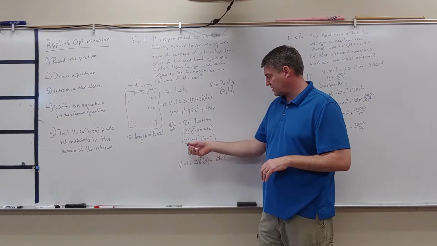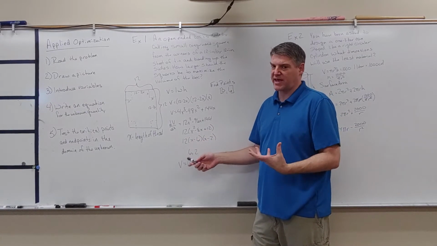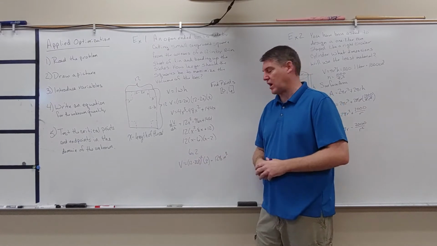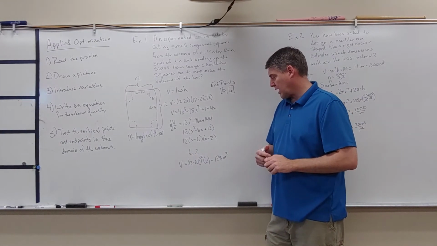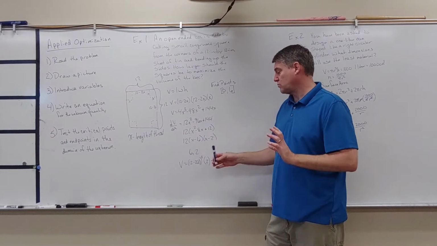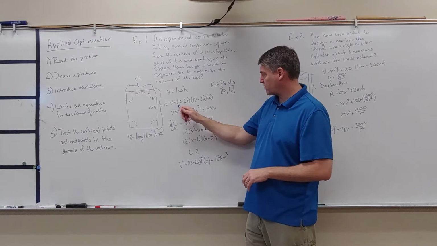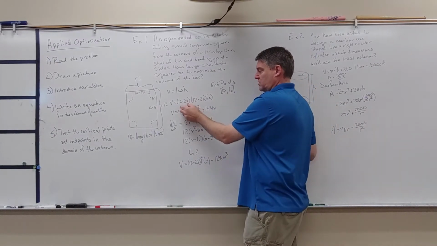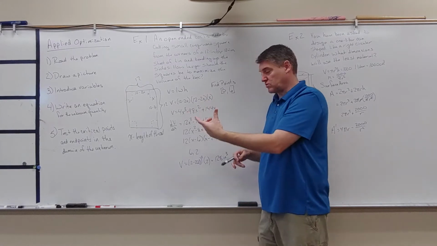I'm going to factor this into x minus 6 times x minus 2. Well, 6 is already my endpoint, so it is a critical value, but it's also my endpoint. If I were to plug in 6 and 0 into this formula, I would get 0 times 6, which is 0, so my volume would be 0.